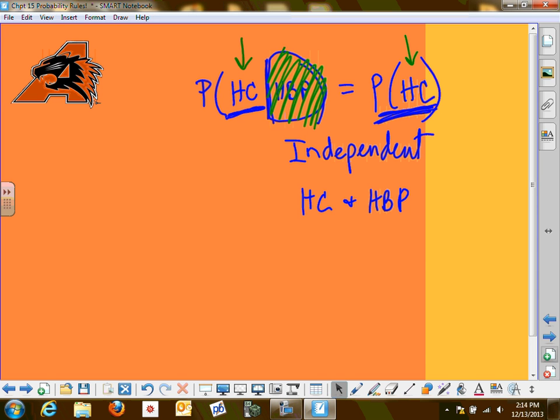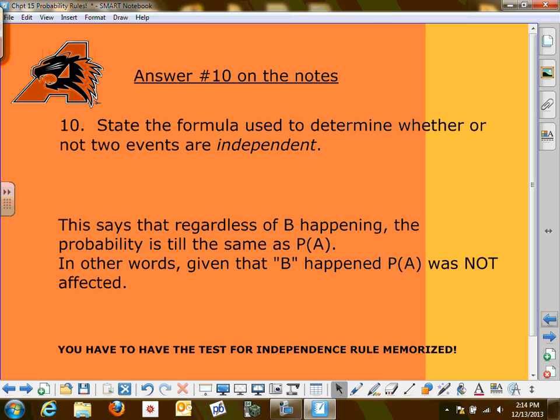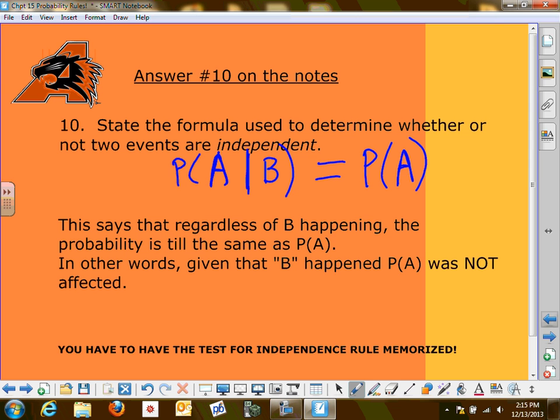So let's actually state the formula for that. And here it is. The probability of an event A, given that B is happening, should equal the probability of A overall. If this is true, then two events are independent.